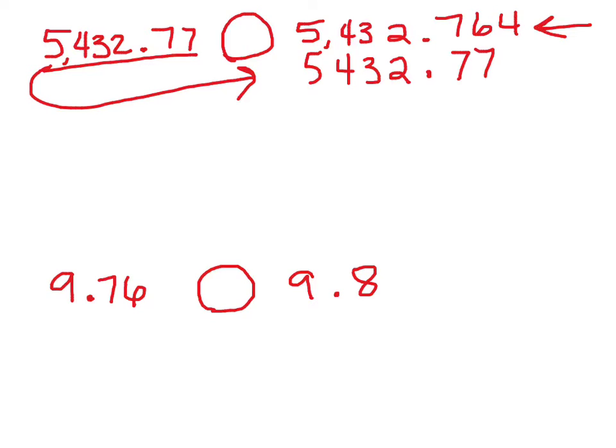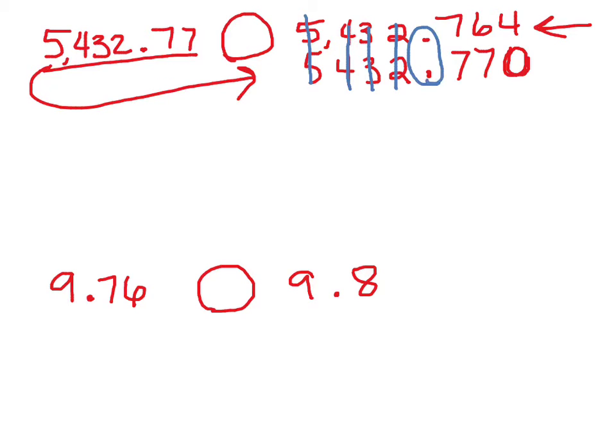So the rule is line the decimals up, as well as the place values. Fill in any holes. So I'm going to fill in a hole here with a 0. And then we're going to compare from the left to right. So when I compare them, I see 5 and 5 are the same. 4 and 4, 3 and 3, 2 and 2.